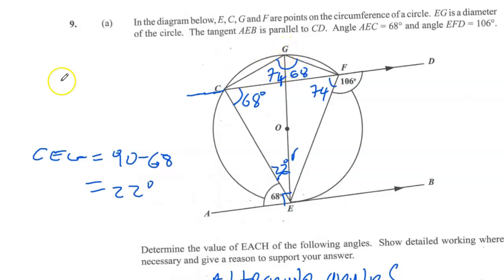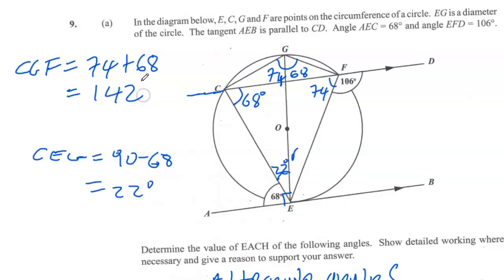So this angle CGF would be 74 plus 68, which works out to be, what's 70 plus 60, that's 130, and 130 plus 12, that's 142. So CGF will be 142 degrees. That's all of this angle.